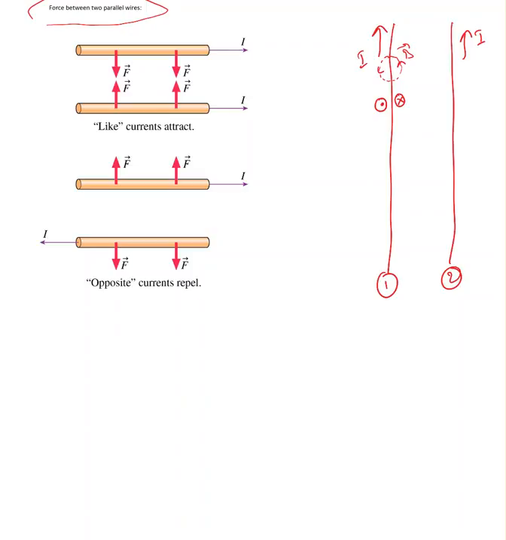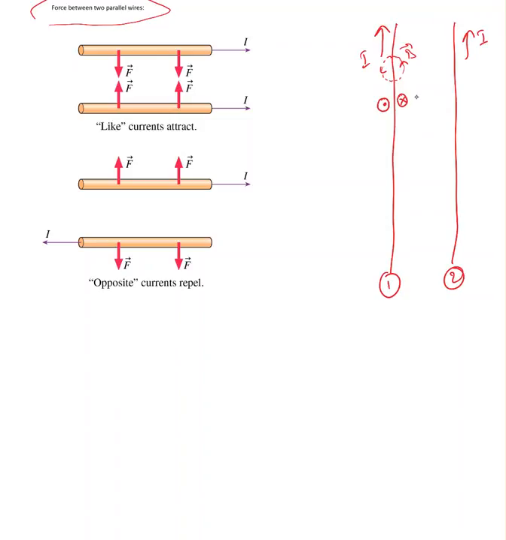Now I'm going to extend this magnetic field because of this conductor. If you look at conductor 2, conductor 2 is placed in a magnetic field. That magnetic field is B1.